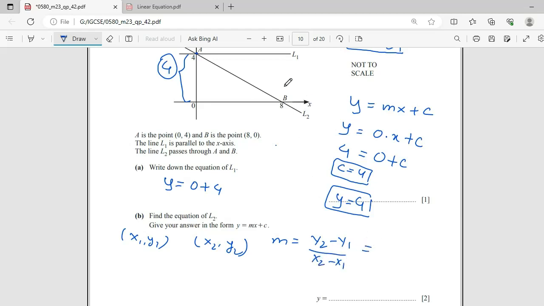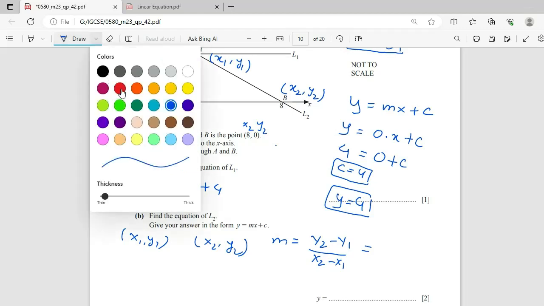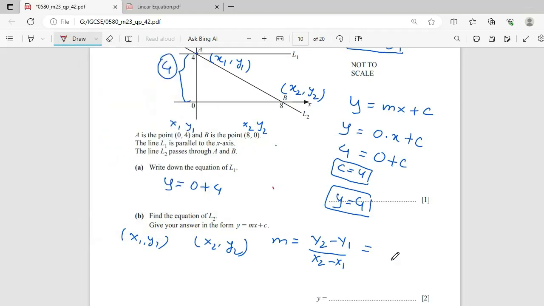Consider this as my (x2, y2) and this as my (x1, y1). We can write that for point A, and this is point B. So I am going to write x2, y2 and this is x1, y1. Now we have the points, so we can find the value of the gradient.